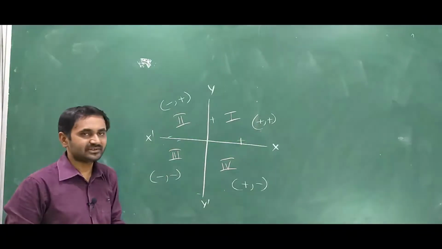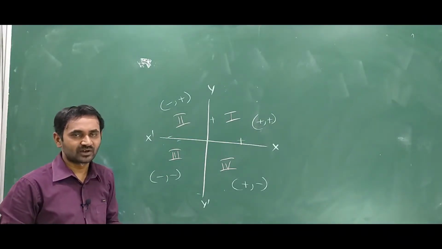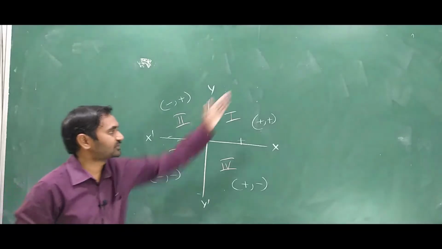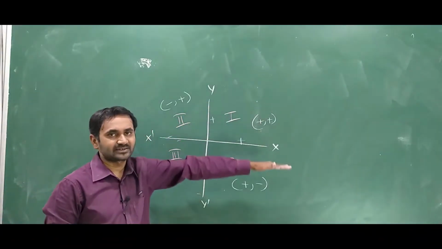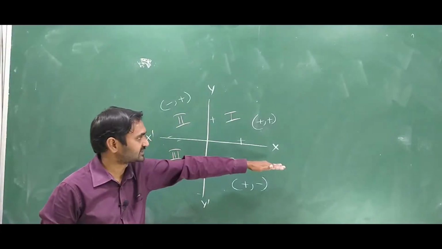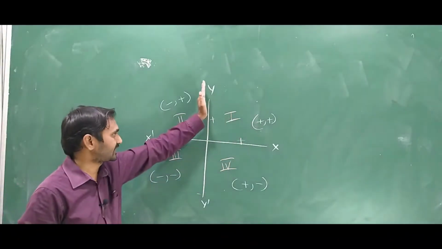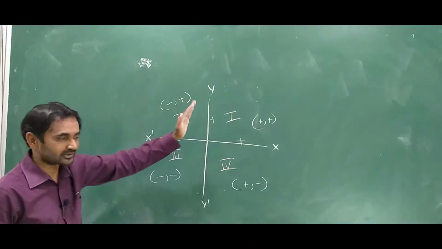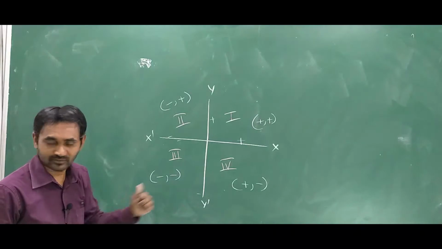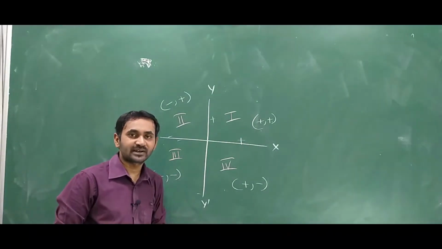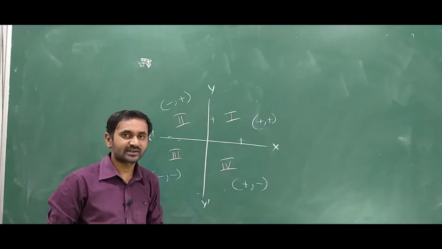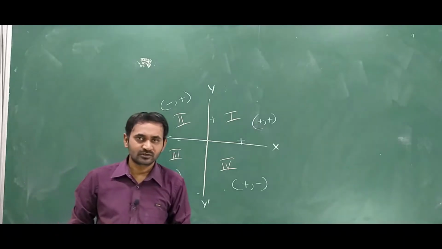By these signs you have to resolve the forces. If forces act in the first quadrant, both x and y will be positive. If you resolve the same forces in the fourth quadrant, one will be positive and one negative. So let us see how to resolve the forces.